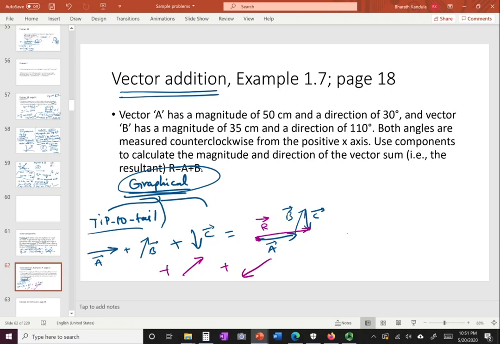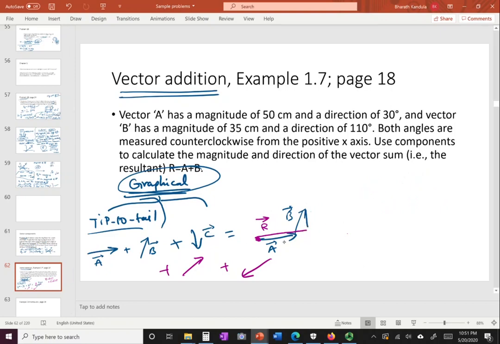One more important point is that the order in which you add vectors doesn't matter. That means A plus B plus C must be equal to C plus A plus B, or B plus C plus A, and so on. You can add vectors in any order, but all of them should finally give you the same result.